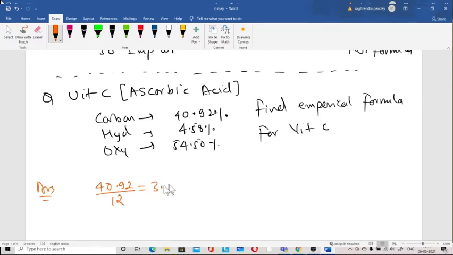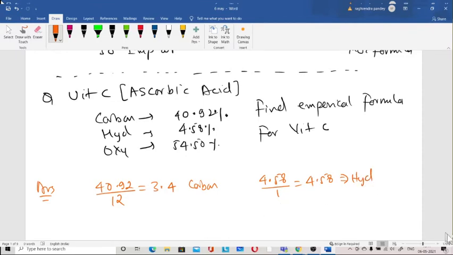For carbon you will get 3.4, so that is your carbon. For hydrogen it will remain the same, because hydrogen is 1, so 4.58 divided by 1 is 4.58.